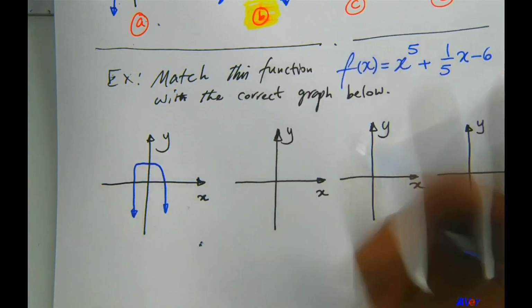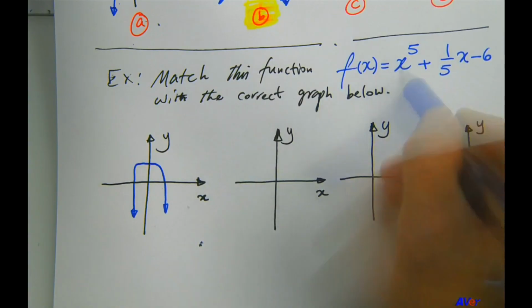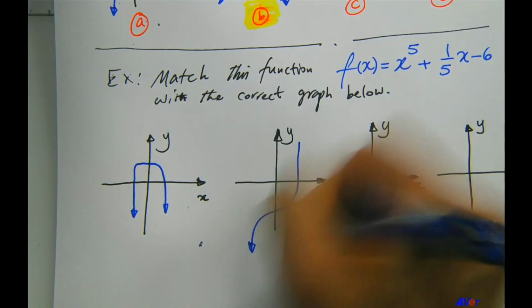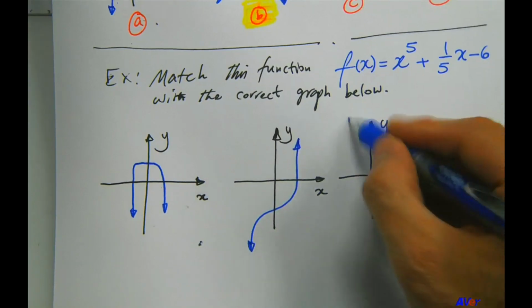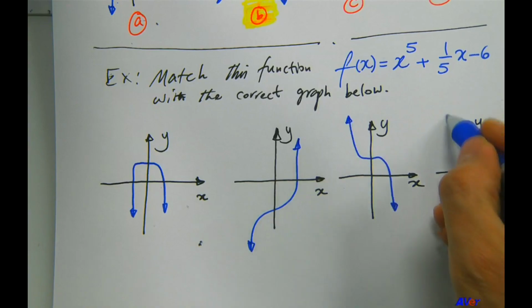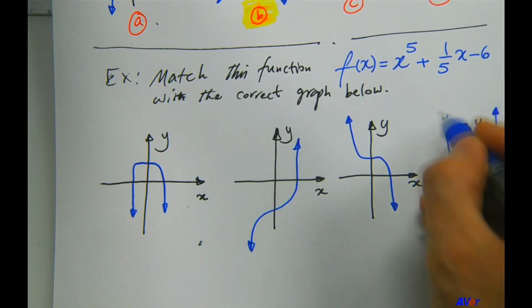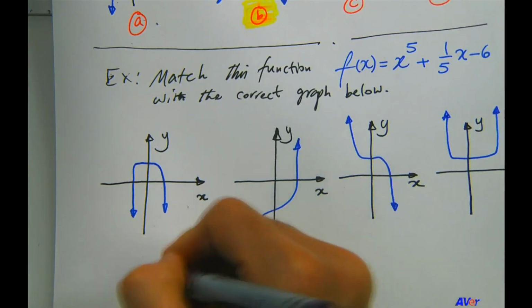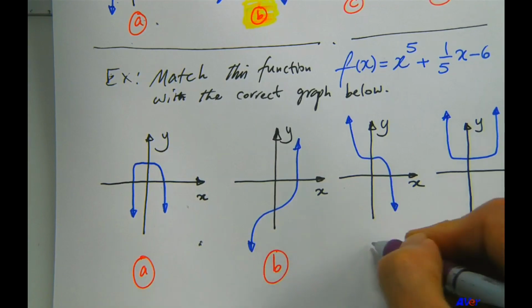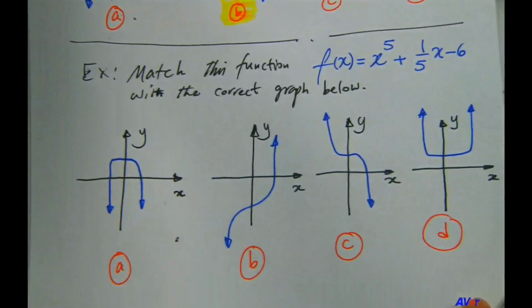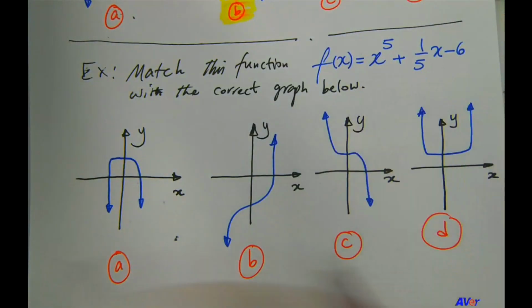You should have a good understanding of how this graph should look. Okay, and let's call these A, B, C, and D. Given this function, which one of these graphs would match it?